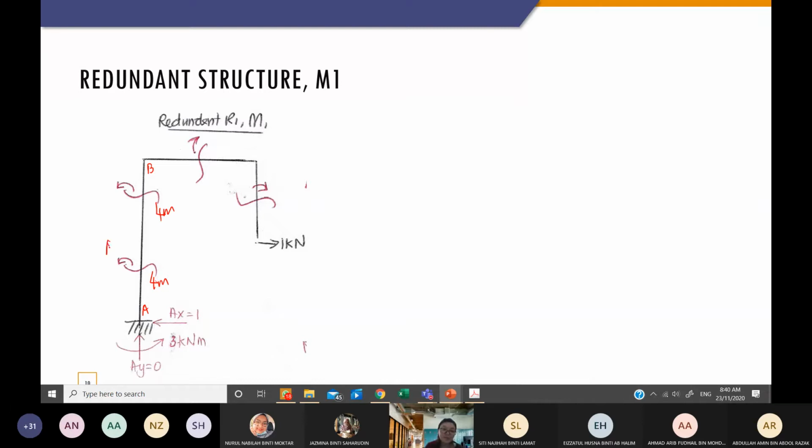So this M and this M must be the same. So you just need to find one. For example, I have AX equal to 1. I have no AY. I have 3 kilonewton meter, and this is my A and cut section, and this is my moment.